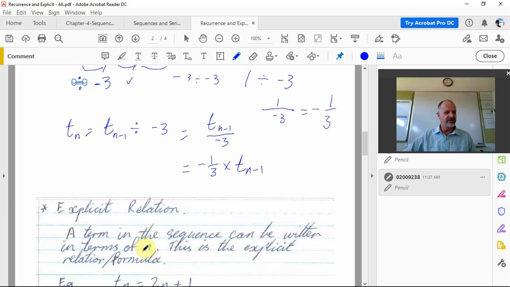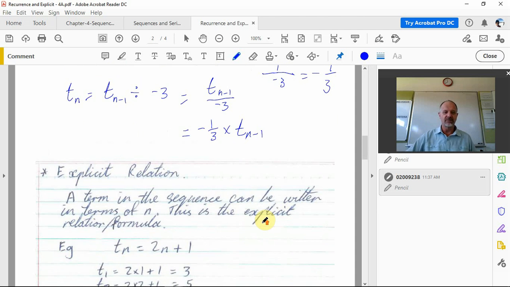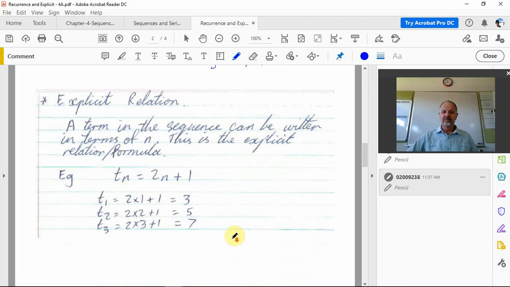It's written in terms of the term number. So for term 50, the number 50 would be involved in there somewhere. Here's an example. Term n is 2 times n plus 1. So the first term is 2 times 1 plus 1. Second term, 2 times 2 plus 1. Third term, 2 times 3 plus 1.